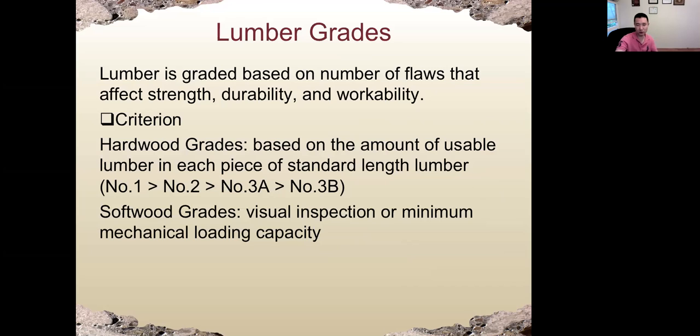We have number 2, number 3, number 1, number 2, and number 3, A and B. For softwood grade, it is based on visual inspection of the wood. So that is also different from concrete. For concrete, the grade is based on the strength and other performance.